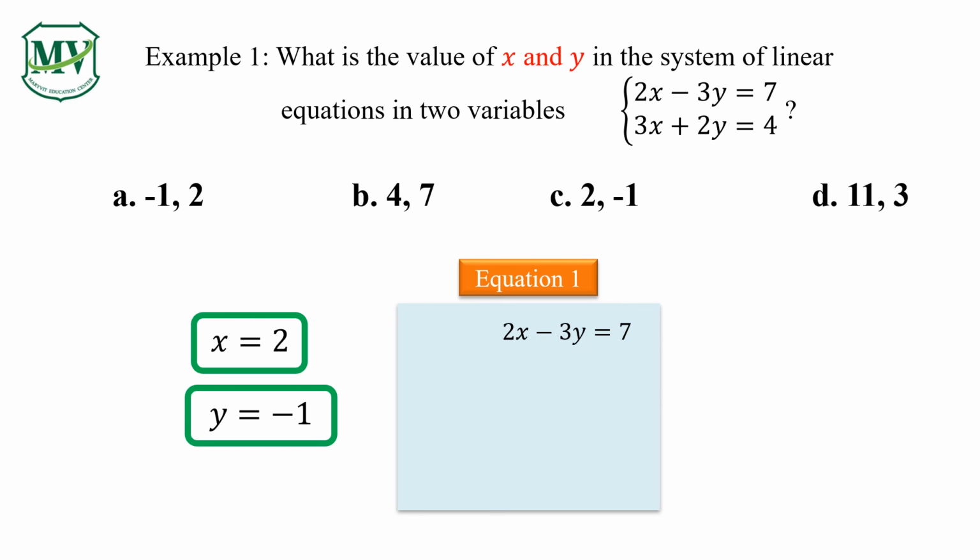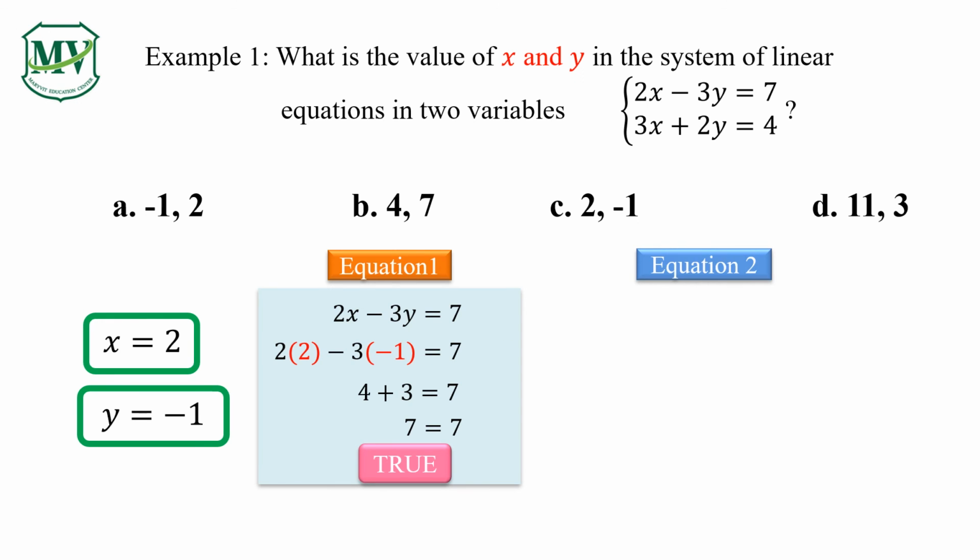Replace x and y by 2 and negative 1. 2 times 2 is 4. Negative 3 times negative 1 is positive 3. 4 plus 3 is equal to 7. 7 is equal to 7. That means the value of x and y is true to equation number 1.